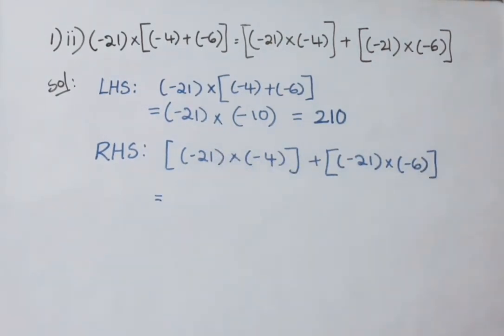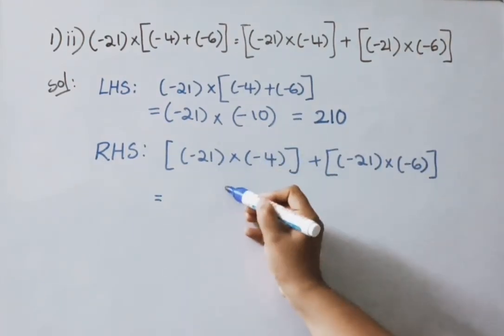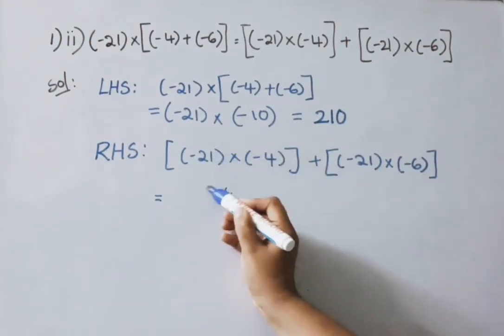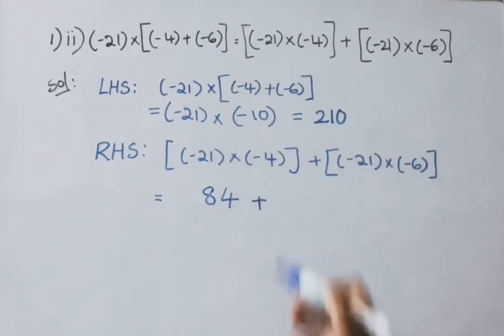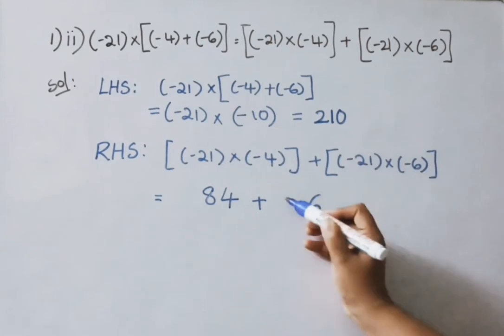Two negative integers multiplied, we get a positive integer. Now multiply them. 4 ones are 4, 4 twos are 8, that is 84. Plus, again here two negative integers multiplied, we get a positive integer. Now let us multiply them. 6 ones are 6, 6 twos are 12.